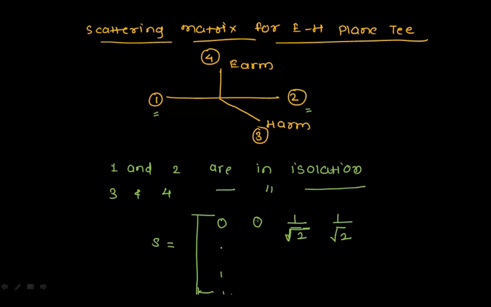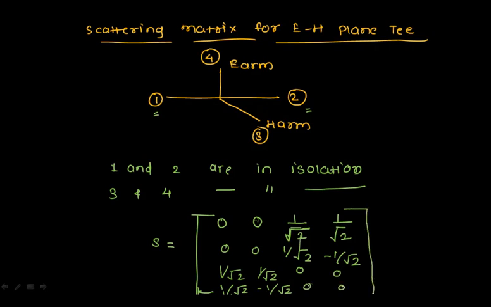So this will be 0, this will be 0, this will be 1 by root 2, this will be -1 by root 2. Similarly, this will be 1 by root 2, 1 by root 2, this will be 1 by root 2, -1 by root 2, and this will be 0, 0, 0 and 0.